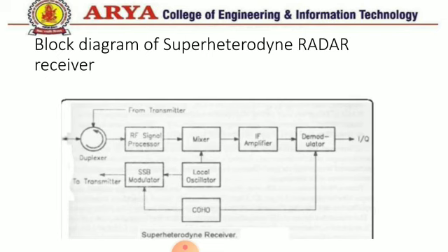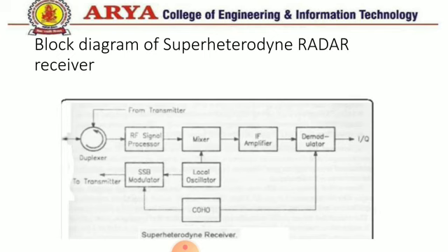The output of the coherent oscillator is applied to the demodulator unit as well as to the SSB modulator, and the SSB modulator also receives input from the local oscillator, as the modulator requires two frequencies for modulating the signal: one is the carrier frequency and the other is the modulating signal.